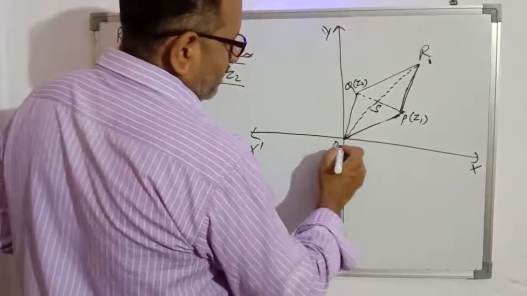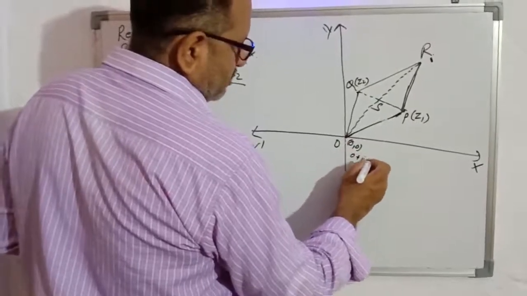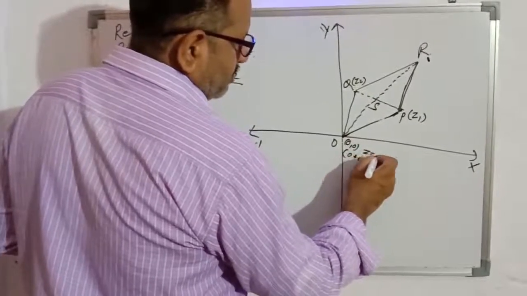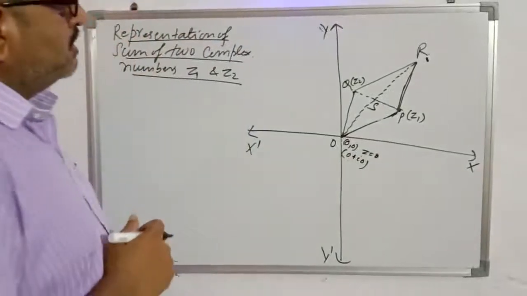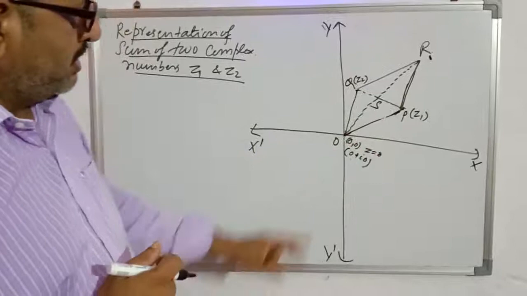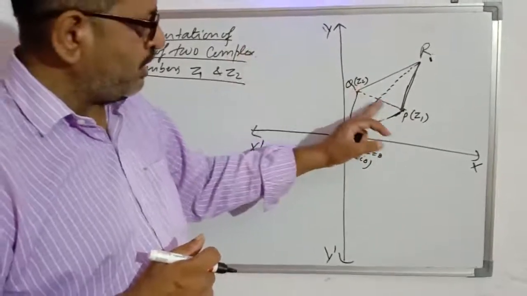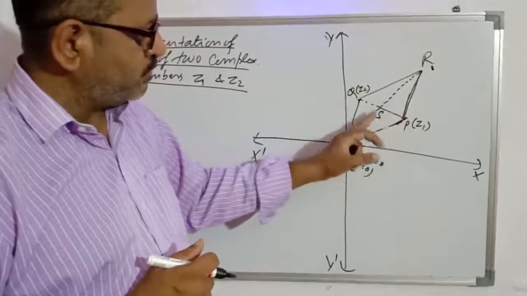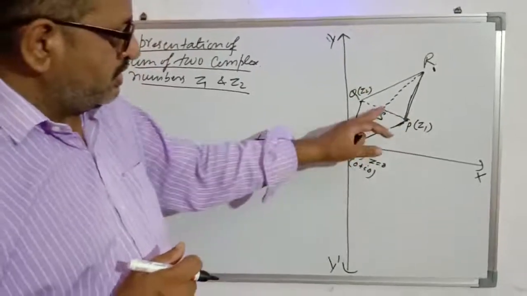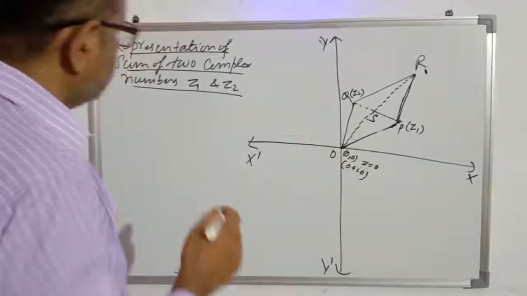The coordinate of the origin is 0, 0, that is 0 plus i 0, so Z is equal to 0. By the section formula, the midpoint of PQ is Z1 plus Z2 upon 2, so point S represents Z1 plus Z2 by 2.